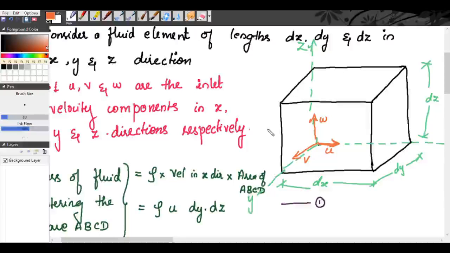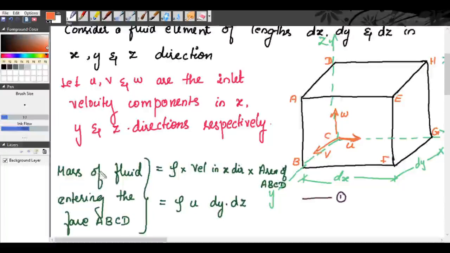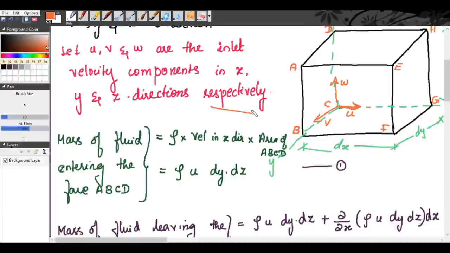This phase is A, B, C, D, and the other phase is E, F, G, H. So we have two phases, A, B, C, D and E, F, G, H. The fluid is flowing in this direction. This is how the fluid is flowing.